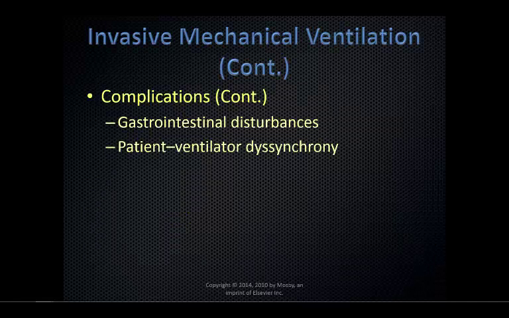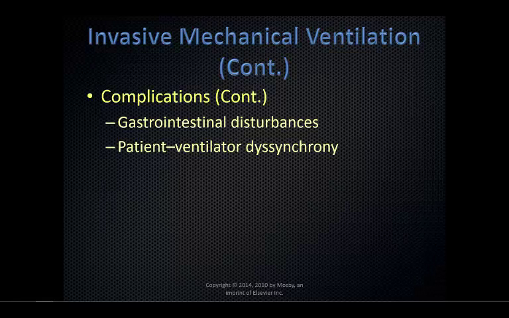So, invasive mechanical ventilation can cause gastrointestinal disturbances and also patient-ventilator dyssynchrony. Gastrointestinal disturbances can occur as a result of positive pressure ventilation, and gastric distension occurs when air leaks around the endotracheal tube or tracheostomy and overcomes the resistance of the lower esophageal sphincter.